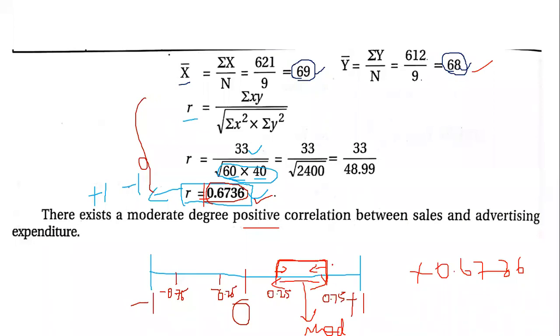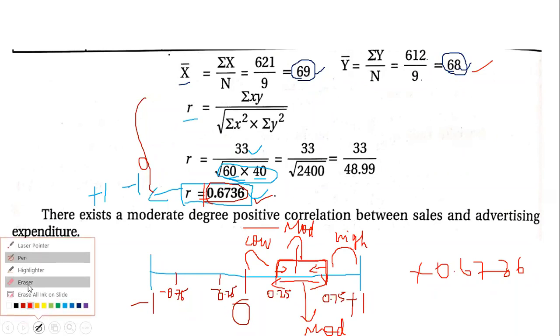Suppose if it is between 0.75 to 1, it is called high degree positive correlation. And if it is between 0 to 0.25, it is called low degree positive correlation. Now, since it is in the center here, it is known as moderate degree positive correlation.